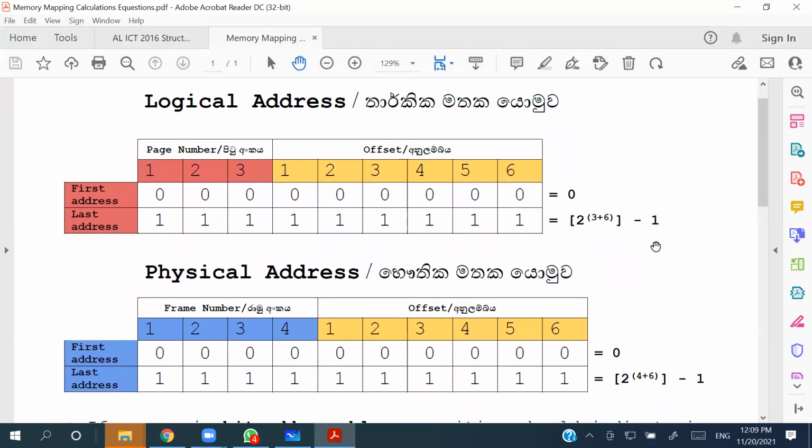This is the one you need to understand when you are doing the 9th and the 10th.